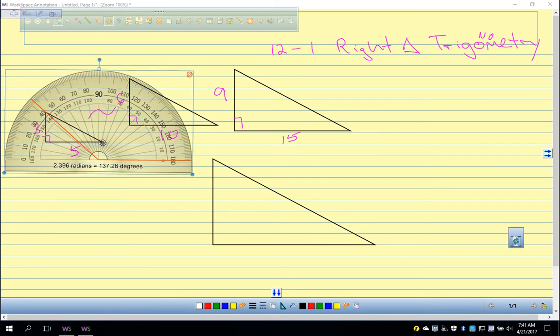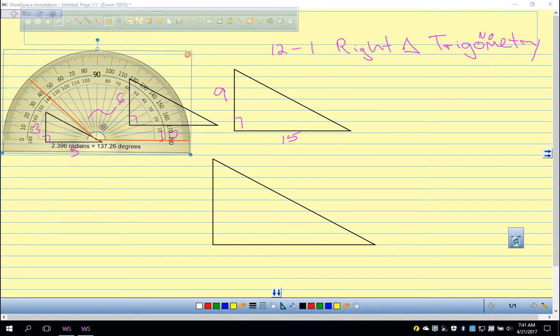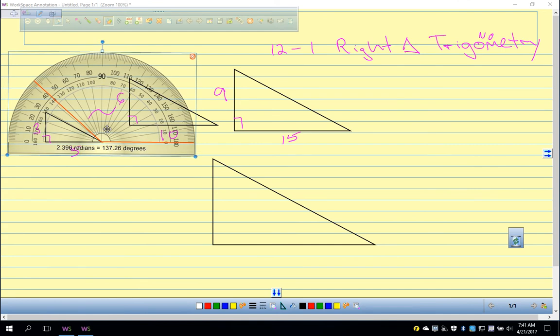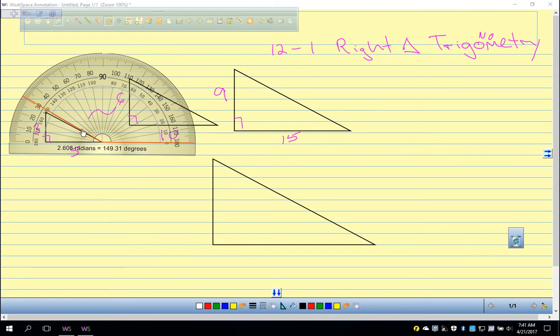Okay, so I'm going to take this, put it, I guess I could drag this. I can't. And that angle, oh, it's in radians. Oh, 149 degrees. Well, it's not, because I'm going from the wrong side, right?